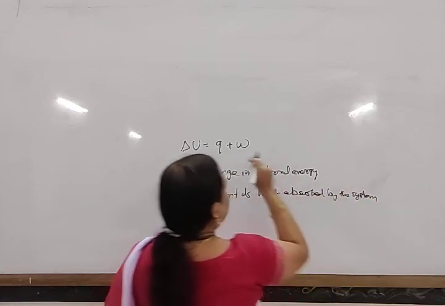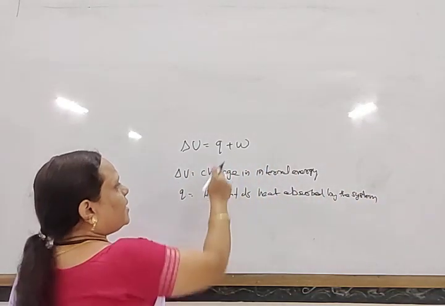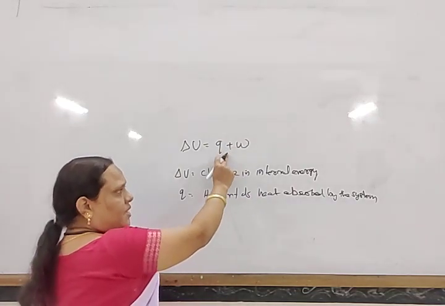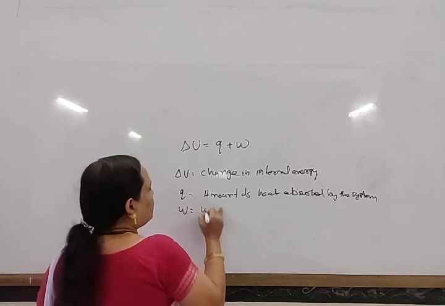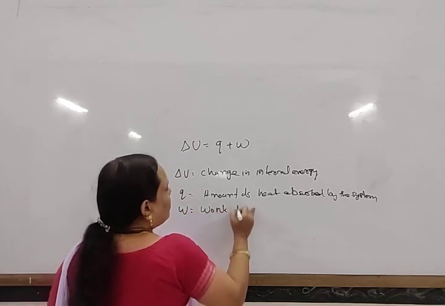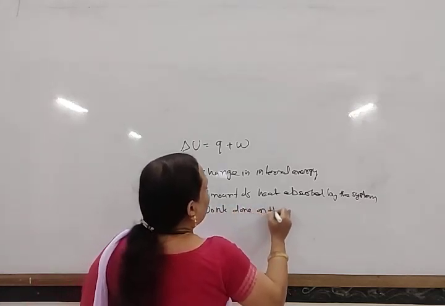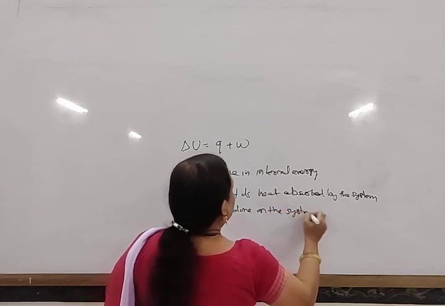Heat absorbed is given a positive sign, and W is also given a positive sign, where W is the work done on the system.